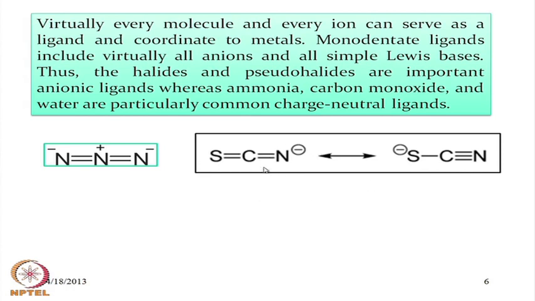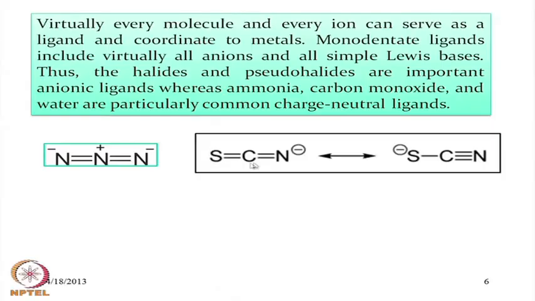Since it has different donor atoms, unlike azide, it has sulfur, carbon and nitrogen. Since carbon is sandwiched between sulfur and nitrogen, carbon cannot go for any coordinating interaction to the metal center, but sulfur can, and the other end, the nitrogen, can also bind to the metal center. So, these are also very useful ligands, binding through sulfur as well as through nitrogen.